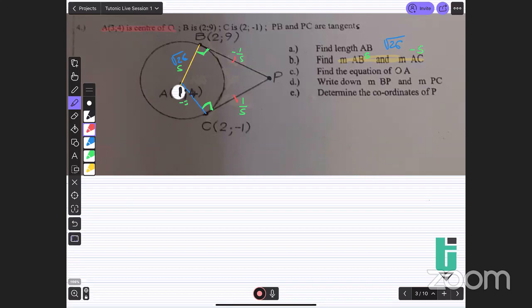Okay, we can do that. What's the equation of the circle? What do you guys know is the equation of the circle? (x minus a) squared plus (y minus b) squared is equal to r squared.